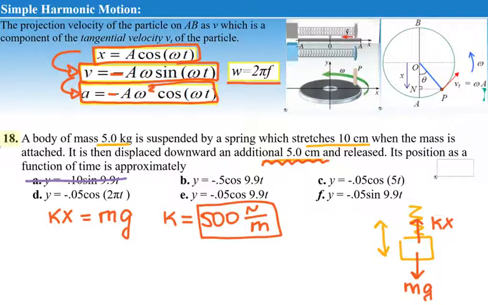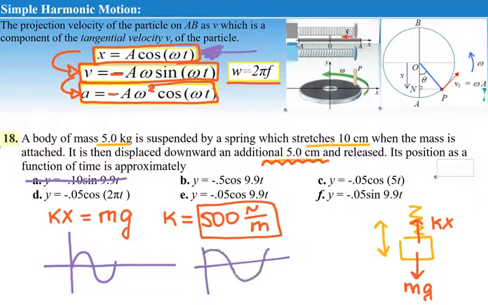And I'm looking for displacement, so I only look at the first formula. Sometimes it can be cosine or sine. If you have seen, the sine function looks like this, and the cosine function looks like that. So the cosine starts with a maximum displacement, and the sine function starts from 0.